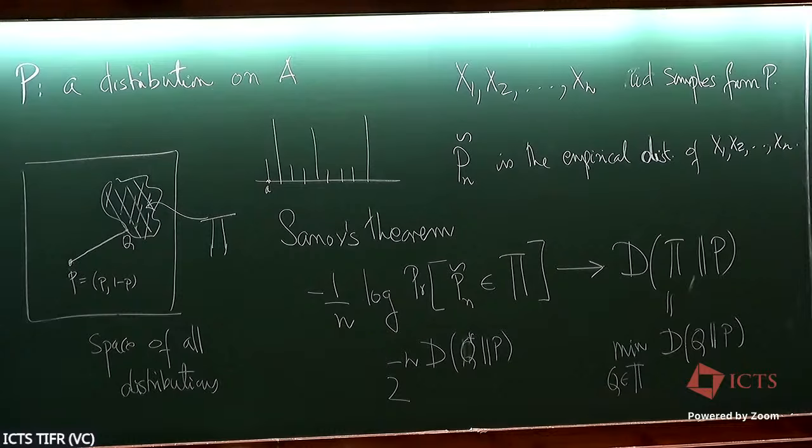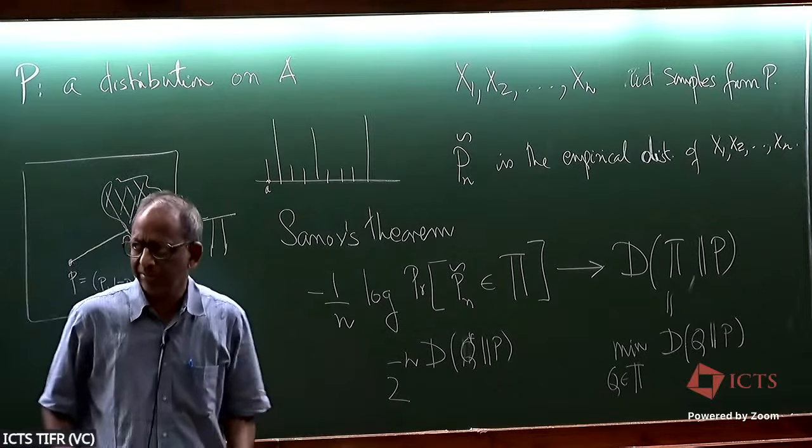Because if you take an empirical distribution for anything which produces, say, k ones, then the empirical distribution is k over n, 1 minus k over n, okay? So the set Pi was all those empirical distributions here. And we were asking, if I'm picking elements according to the distribution P, what are the chances that it will start looking like a distribution from this set? And that goes as this, and this is a general theorem.